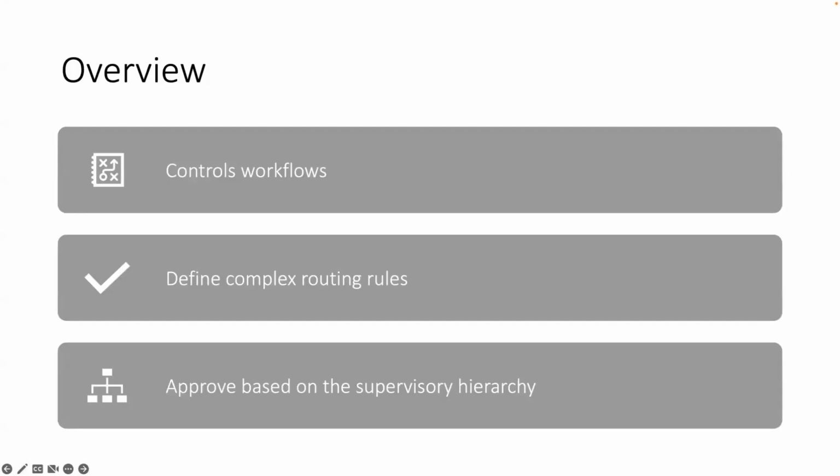Now, in terms of the setup, you have two main areas. You have approval groups. One thing about approval groups is that they're optional, and you can maintain a set of users who can act on workflow tasks.